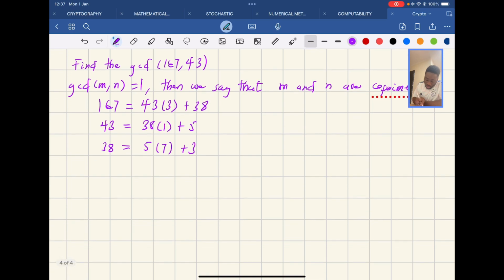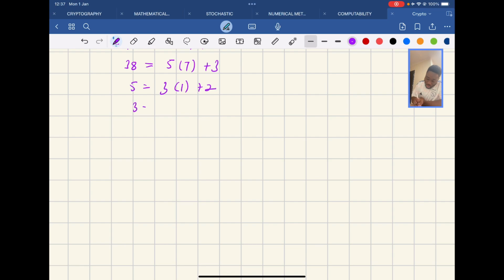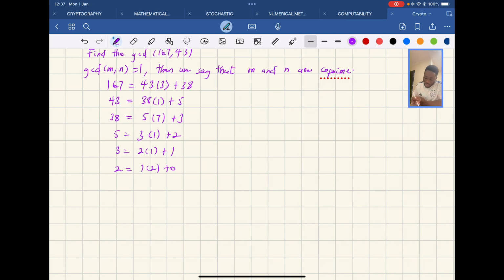Then we write the quotient again, which is 5. Then how many times? So the remainder, 1 plus 2. Then we continue. So 3 is equal to 2 times 1 plus 1. So 2 will be equal to 1 times 2 plus 0. So after getting this, the last non-zero number over here is 1.